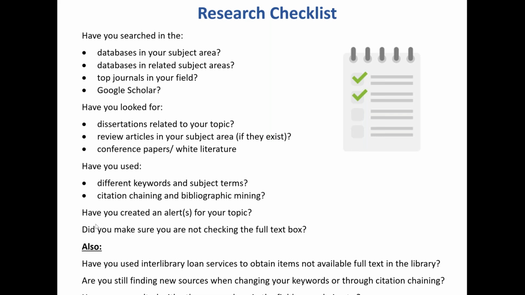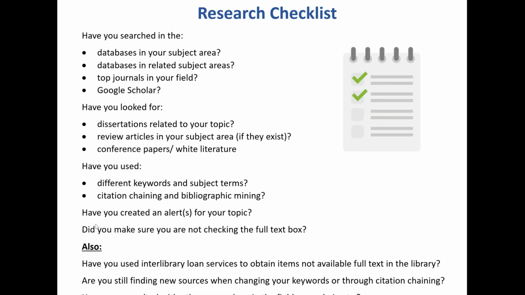And maybe even conference papers or white literature, particularly if it's really recent and there wasn't peer-reviewed literature published yet, but they maybe presented at a conference, that might be helpful. Did you use different keywords and subject terms? Have you used that citation chaining or bibliographic mining technique to find related articles or items?